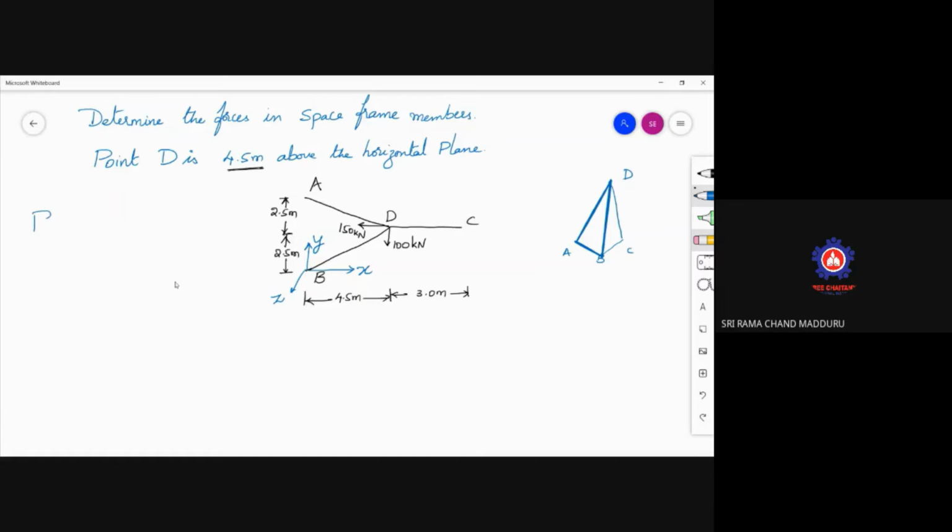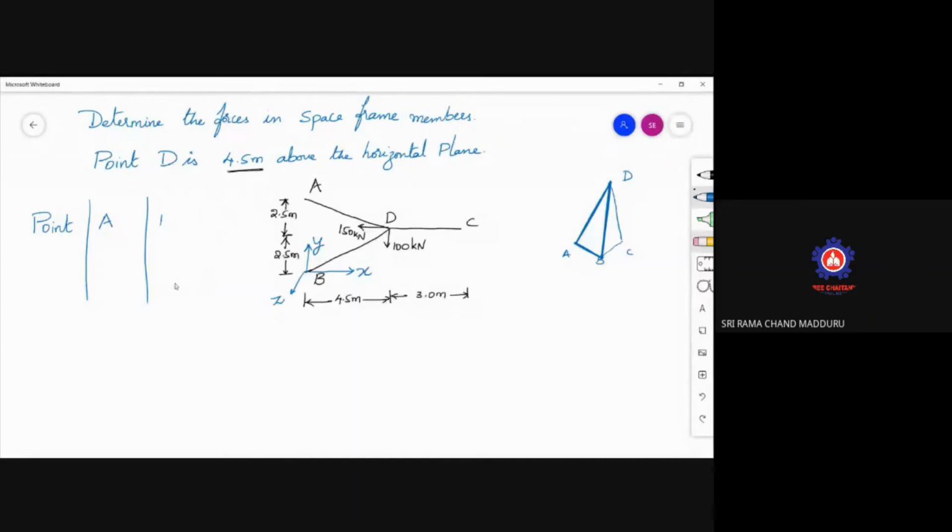Now prepare a tabular form. Point, A, B, sorry, there will be a correction here.